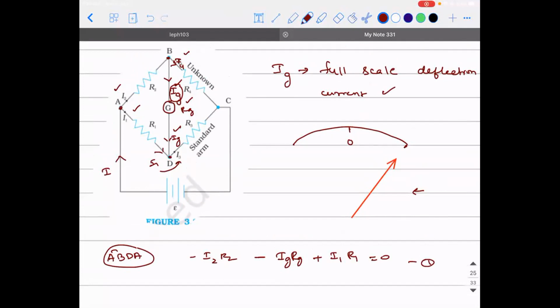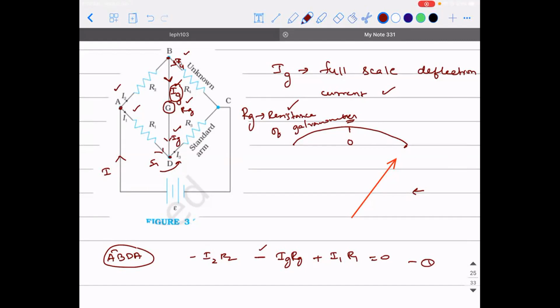I told you, no? Resistance of the galvanometer is RG. What a galvanometer is and how it works, you learn in the next chapter, except that a galvanometer also has resistance. So if it is a resistor, if you're walking in the direction of current, it is a negative value. Correct? Yes, sir. Okay, understood.